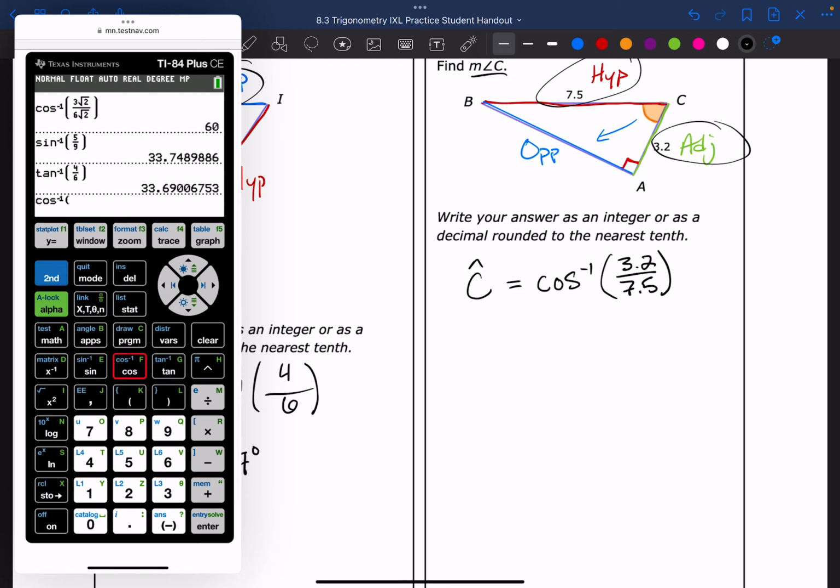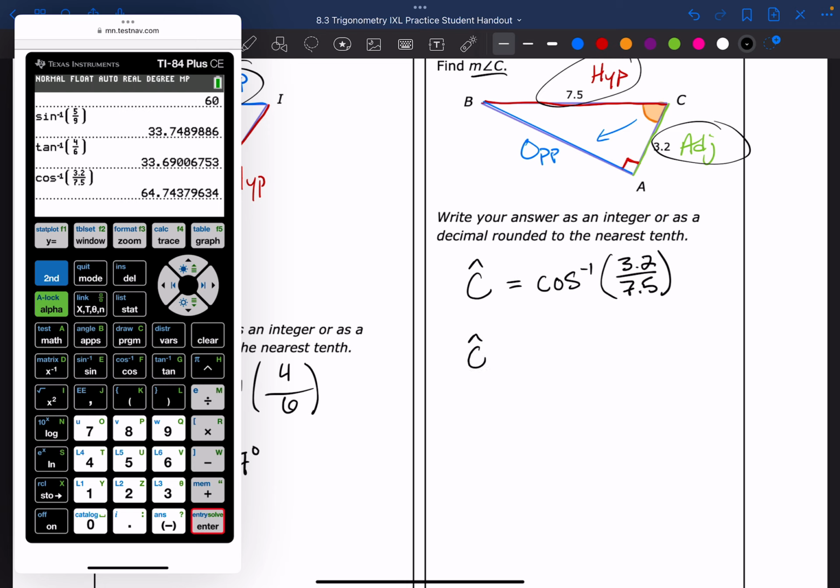Inverse cosine, make my fraction, 3.2 over 7.5. Close that parenthesis. Boom, there we go. I am given that the angle C is approximately 64.7 degrees. And you can see right here, this would mean that my angle is 64.7 degrees.